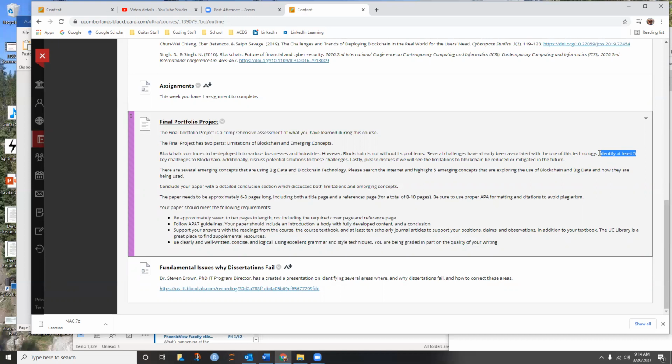So this would be, you know, challenge number 1, speed. Challenge number 2, trust. Whatever your challenges are for blockchain, make sure you put a header out there. That'd be great.